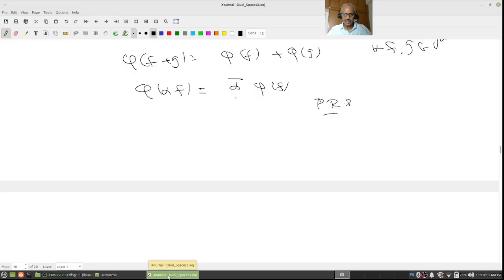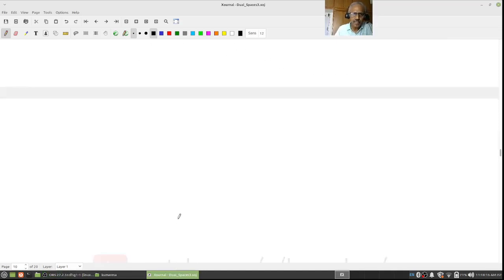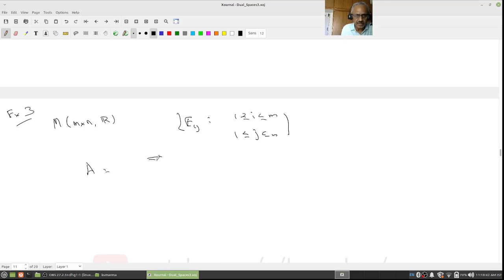Okay, let us look at the third example. Let us look at the space of m cross n matrices over R. Do you recall this was example 3? We had already done examples. You remember the matrices E_ij, with 1 less than or equal to i less than or equal to m, 1 less than or equal to j less than or equal to n. Any matrix A is written as the summation of a_ij E_ij, j running from 1 to n, i running from 1 to m.